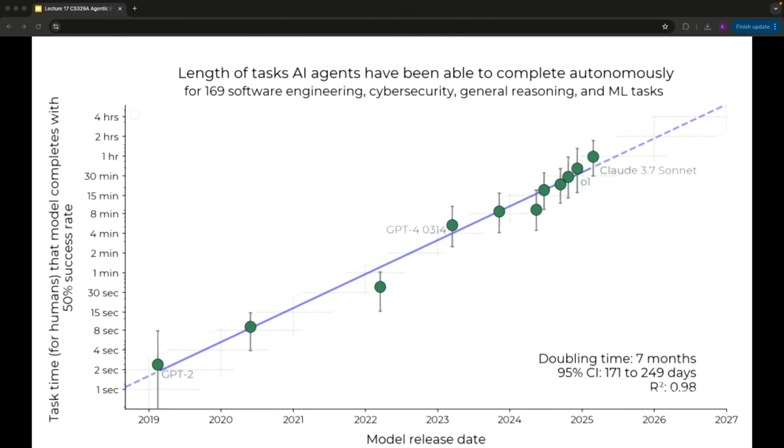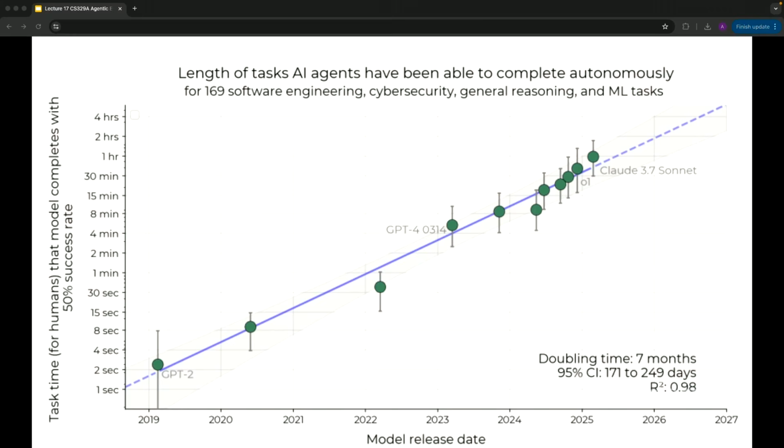In terms of trends, we chatted about the fact that if you were to query these models about 2019 when GPT-2 came out, typically the models would really just address tasks that were 2 seconds long. On the y-axis, you have the task time for completion with 50% success rate, so it doesn't have to be completely reliable.